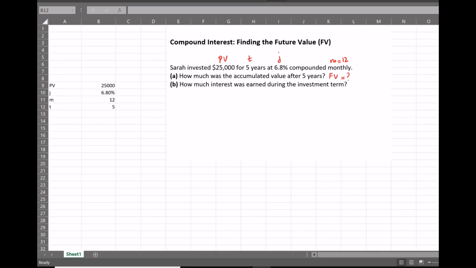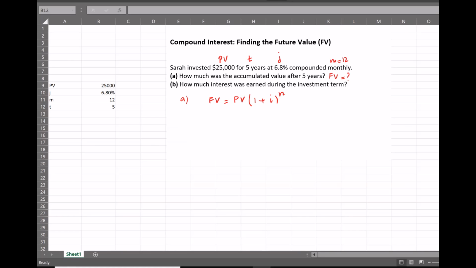If we wanted to calculate the future value using the formula, we would use PV multiplied by 1 plus I to the power of n. So before we use the built-in function in Excel, we need to find I and n. I and n are not directly given.